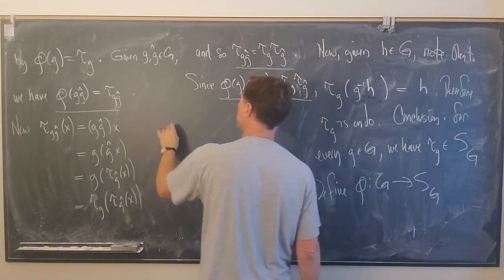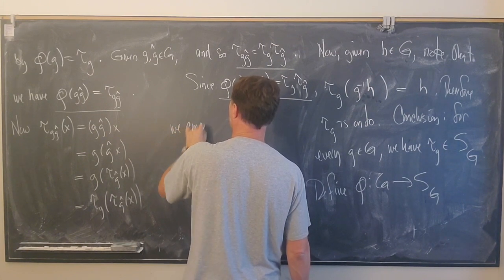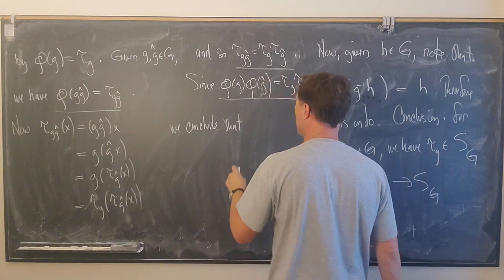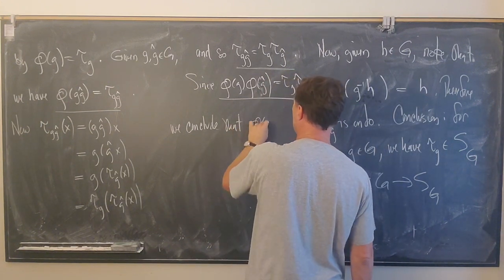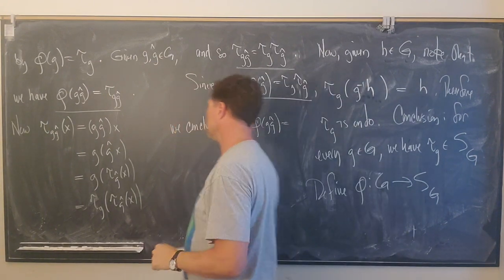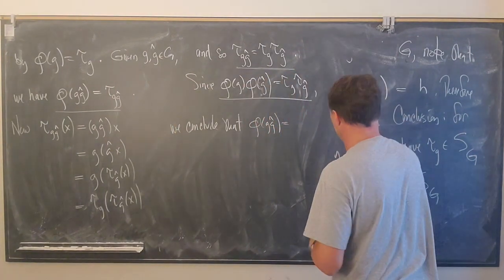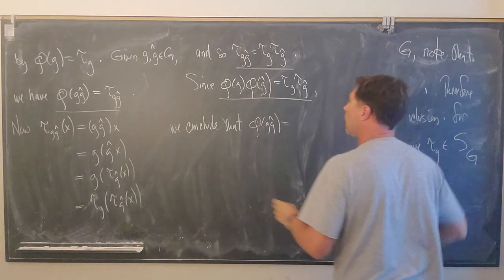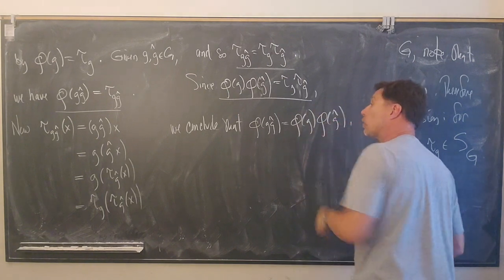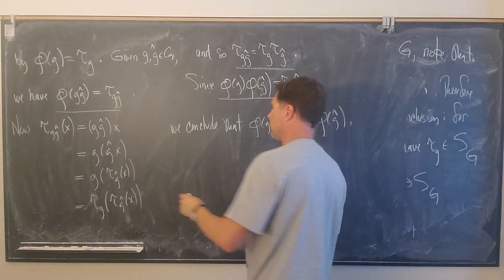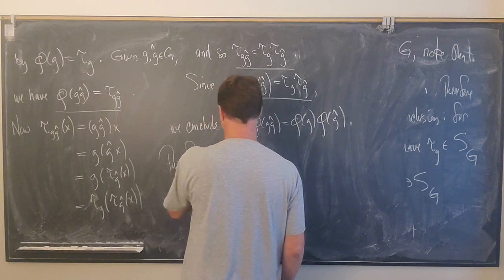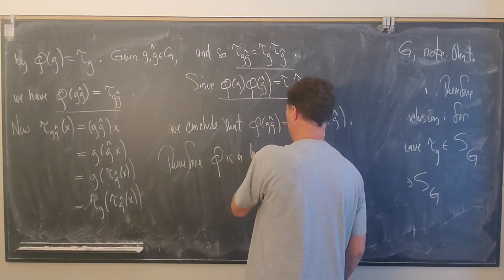So we conclude that phi of g g hat is equal to phi of g, phi of g hat. In other words, phi is a homomorphism. So therefore, phi is a homomorphism.